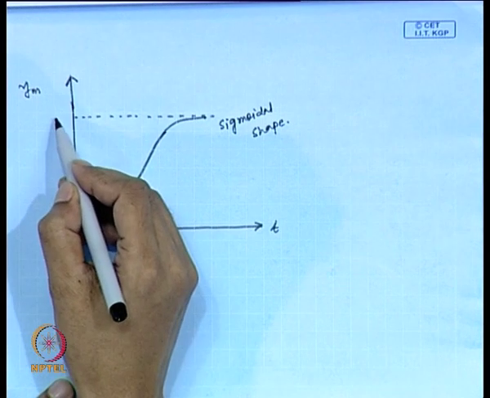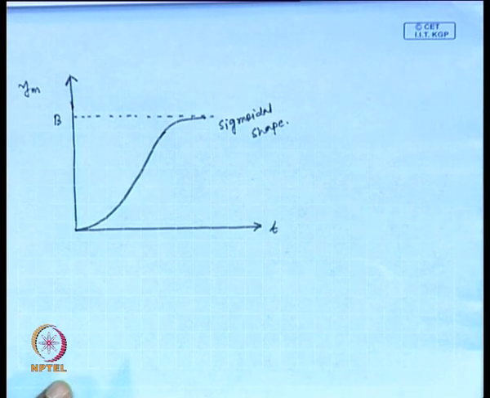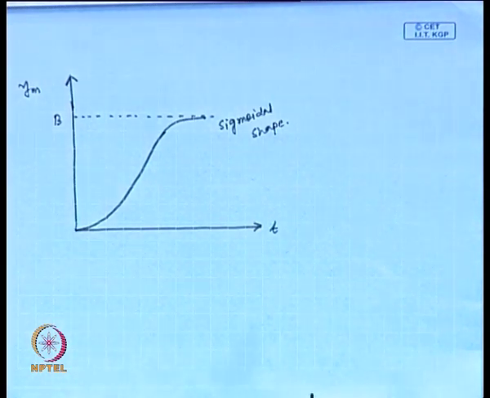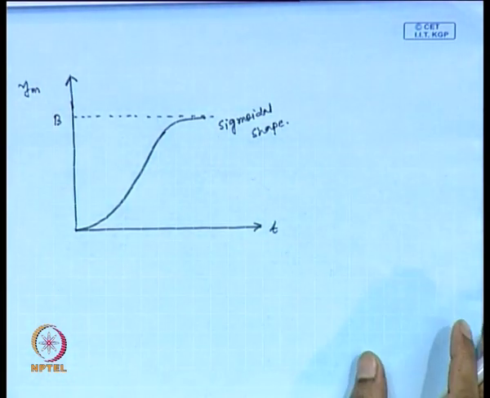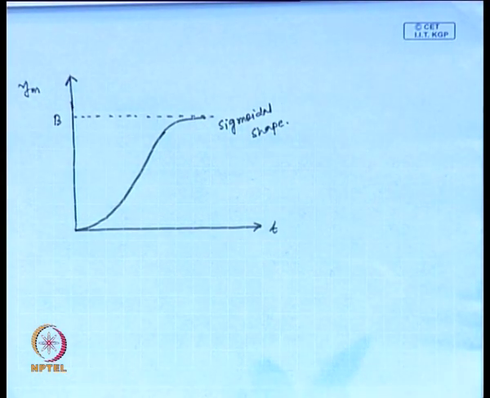Suppose this quantity is B. That means the Y value at the new steady state. B is the value at the new steady state. For most of the chemical processes, Cohen and Coon observed that the process response looks like a sigmoidal shape.